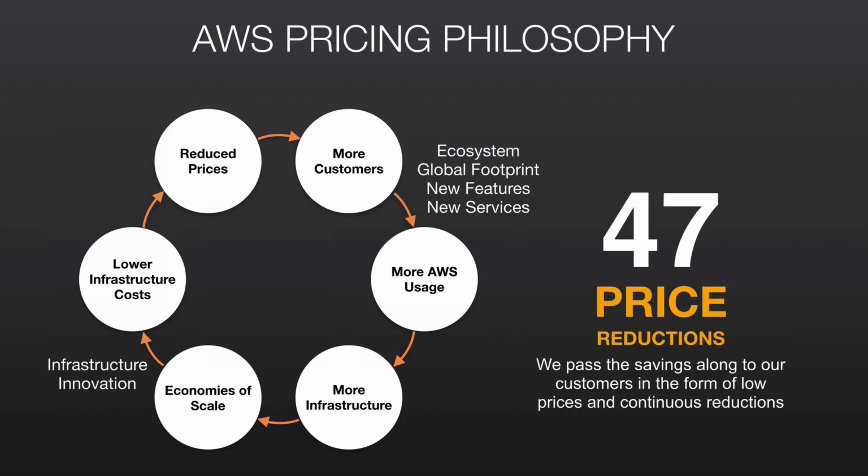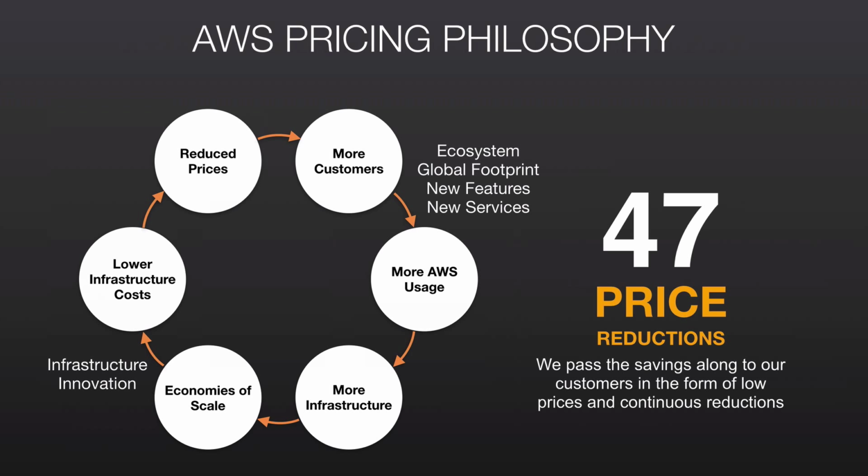So we do that proactively, and you don't have to take any action in order to take advantage of AWS price reductions. If you're already using a service and we reduce the price for that service, that will be proactively passed on to you in your billing from the point at which the price reduces. There's no need to come back to us and renegotiate or ask for improved pricing. We'll proactively pass those price savings, those cost savings, onto you in the form of those continuous price reductions.